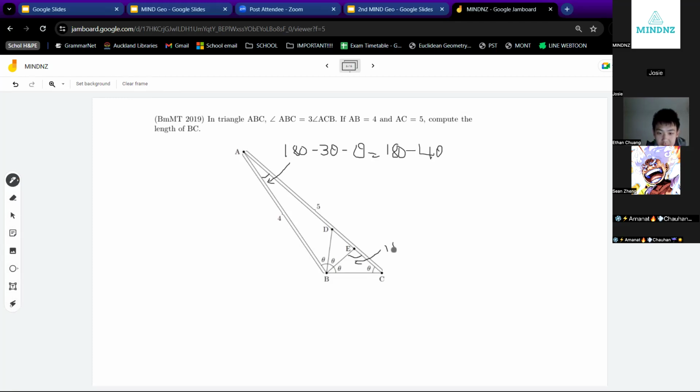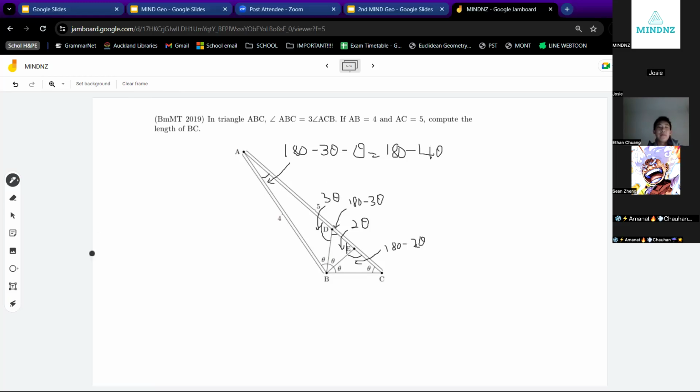So this is 180 minus theta minus 2 theta, which means this angle here is 2 theta, which means this angle here is 180 degrees minus 3 theta. And then this angle over here is 3 theta.